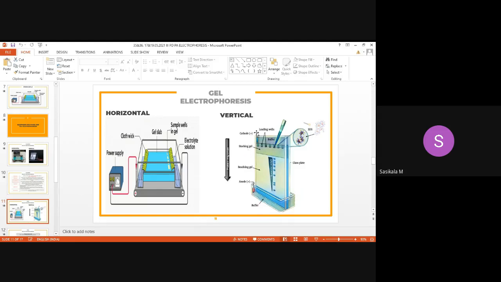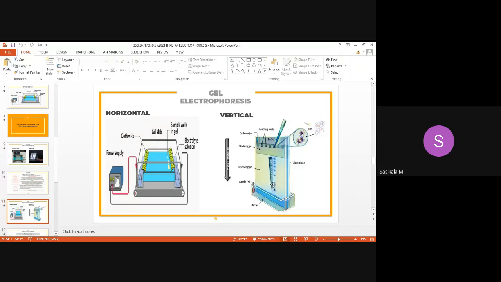Here you can find the cathode and anode for applying the current. The sample gets separated towards the anode, since you will be using a basic buffer. The conducting medium will be basic in nature, so your sample will be anionic and will move towards the anode once the electrical current is applied.